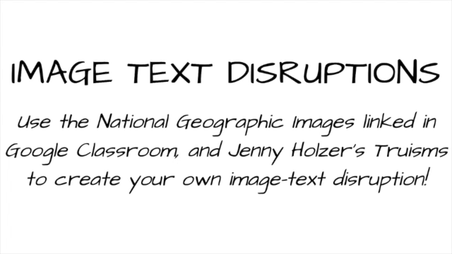Using the National Geographic images that are linked in our Google Classroom site and on the web page, as well as Jenny Holzer's truisms, I want you to work on creating your own image text disruptions to show me that you can move beyond the traditional and expected relationship of text and image, right? That idea of harmony between the two: deliberately create tension in order to create new meaning. And that is what we can do with image and text in our postmodern world.